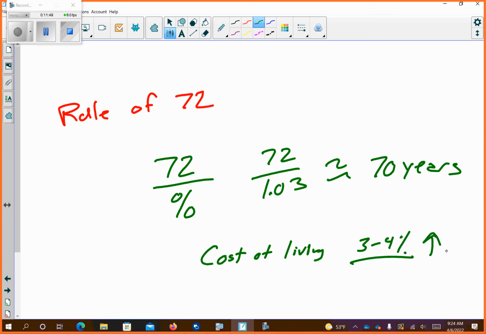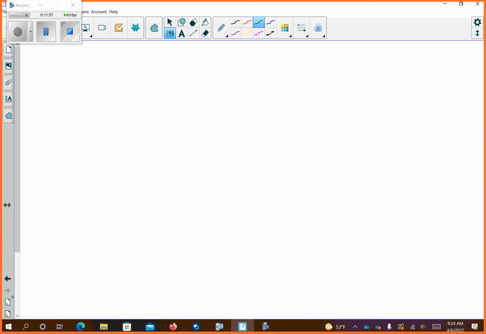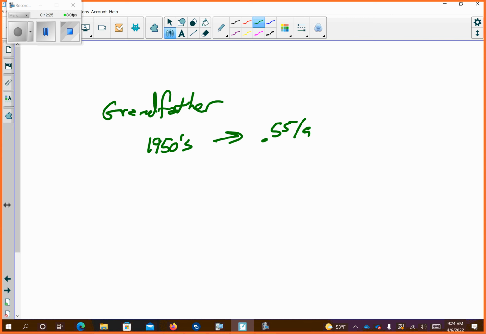But I also heard this, and I'm trying to fathom how this would work. It was basically a story that a father or a grandpa, let's go with a grandfather, because it'd probably fathom more with you, that in the 1950s was paying like 55 cents a gallon for gas.